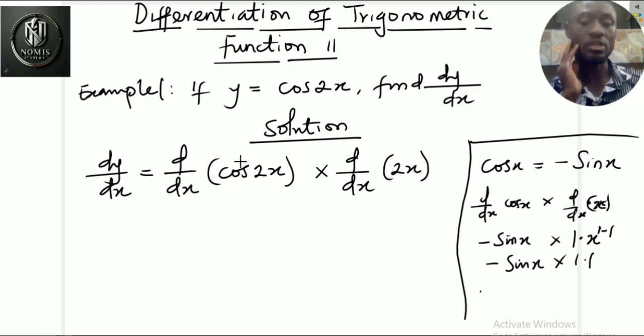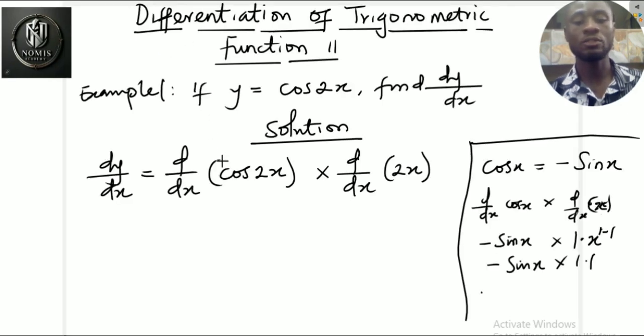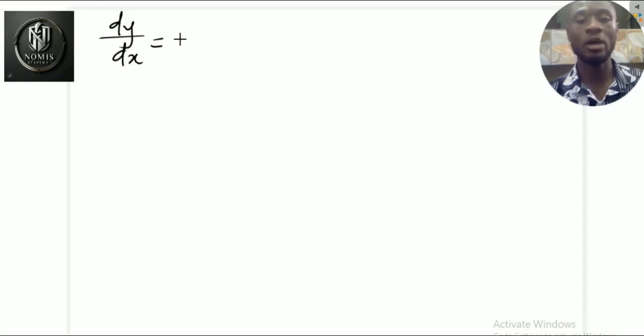So the solution says dy/dx is d/dx of cos 2x multiplied by d/dx of 2x. So let us differentiate cos 2x. So this says that dy/dx is equal to, differentiating cos 2x, we are going to have minus sine 2x, but that's not all.